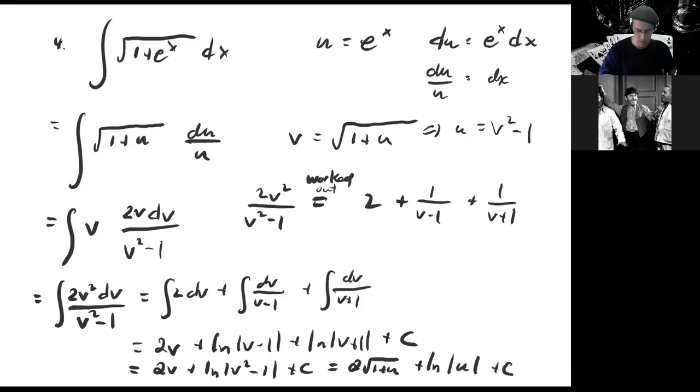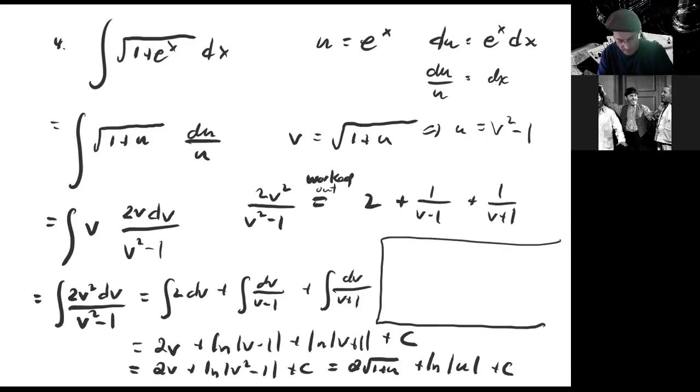Now we know what u is: substituting u as e to the x, it's twice the square root of 1 plus e to the x plus ln absolute value of e to the x. Well, ln of e to the x is just x. It should be rewritten in the simplest form: plus x plus c. That's the final answer.